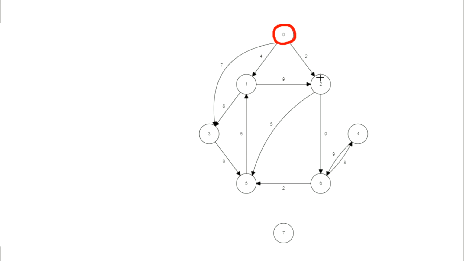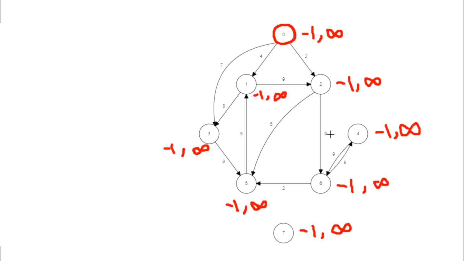And before that, let me mark the initial values on each vertex. So this is the path, -1. It means we didn't come from any vertex before 0. This is the start one, right? And the cost is infinity. So now I've marked all of them, -1 as the path and infinity as the cost.